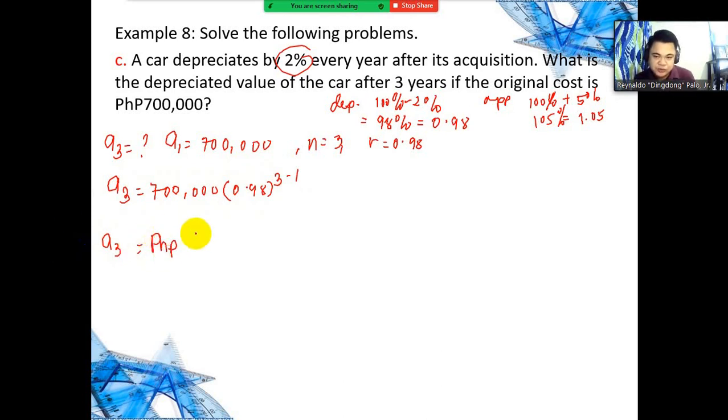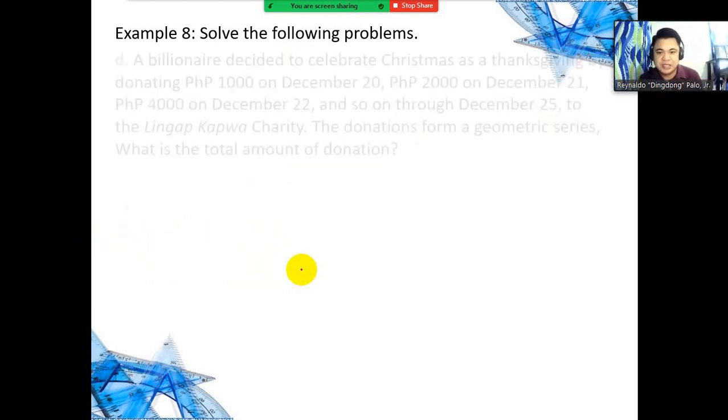Don't forget to put the unit of measurement. So this will be the price of the car after 3 years. If you encounter this type of problem, please make sure to compute properly for the common ratio. Now let's have the last problem.